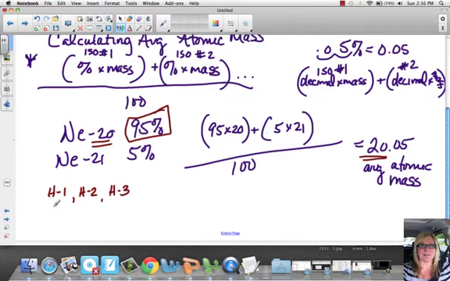And this one might be 90% abundant, this one might be 7% abundant, and this one might be 3% abundant. Well, before I even do any math, I know that my average atomic mass is going to come out closest to 1, not 2 or 3, because this is the one that's present the most, 90% of the time, or 90% in nature.